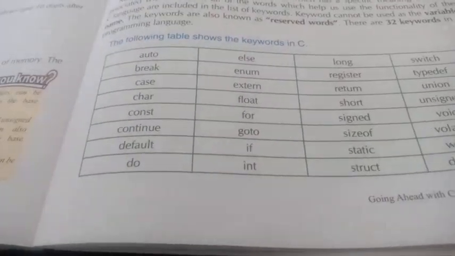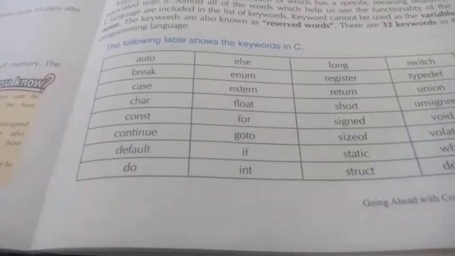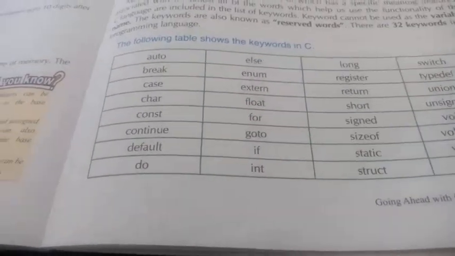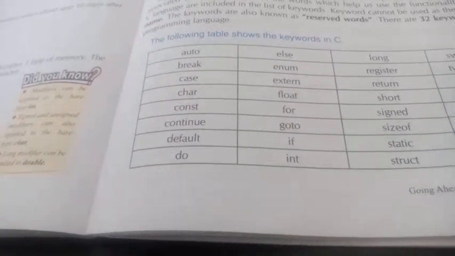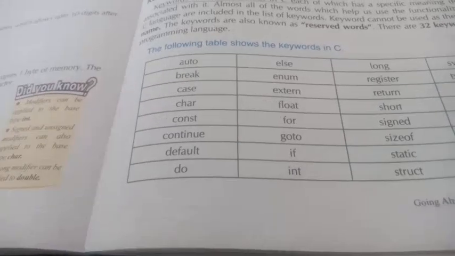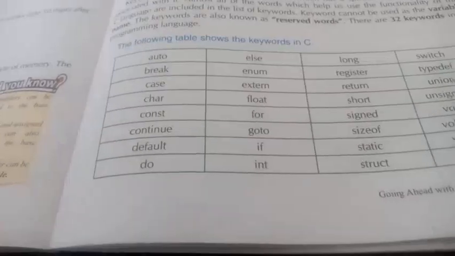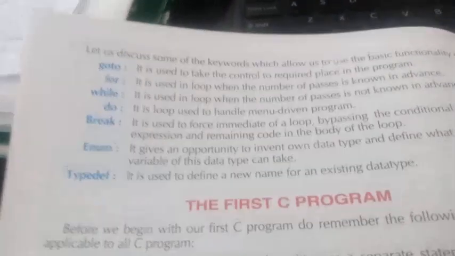If: for a condition, if you need to check a condition, we can use the if keyword. Int is for the declaration of a data type; we can declare the data and assign values as per the variable's requirement. So this is about keywords, and 32 keywords are available in C.